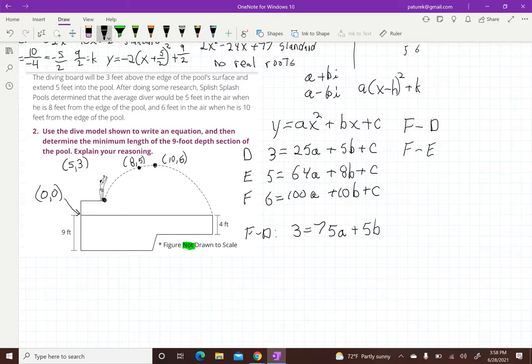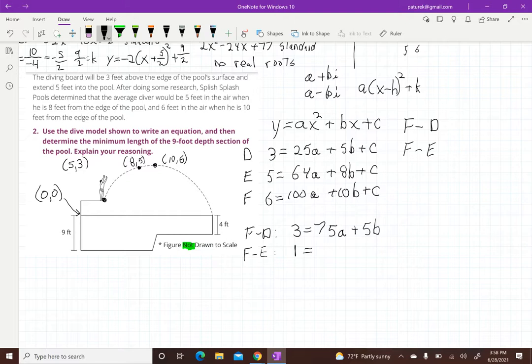They cancel out. Now I'll do F minus E. Again, I'm choosing this to eliminate C. I'm going to reduce this from a system of 3 equations with 3 unknowns down to a system of 2 equations with just 2 unknowns. 6 minus 5 is 1.